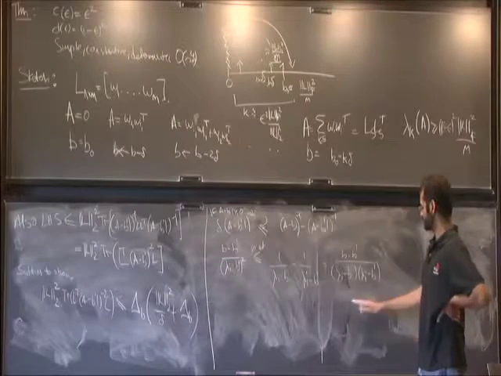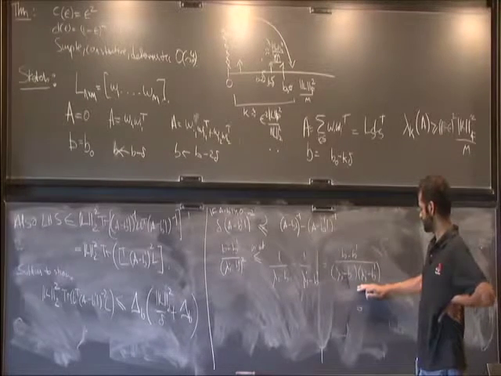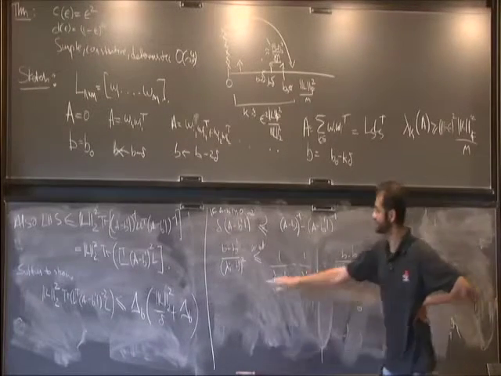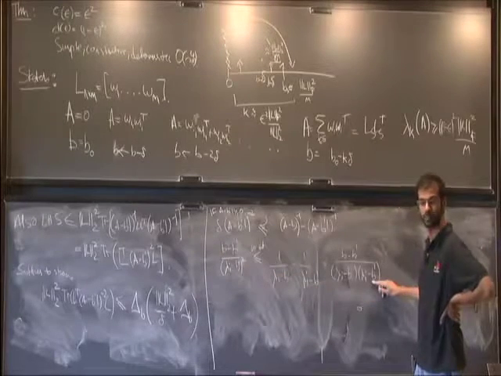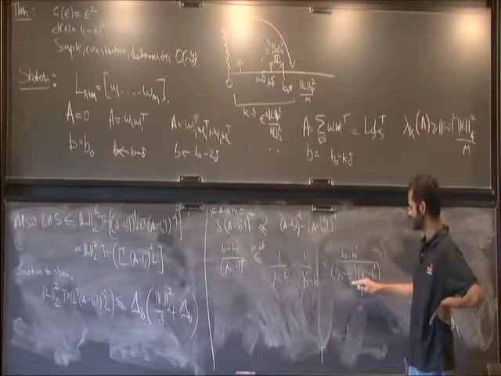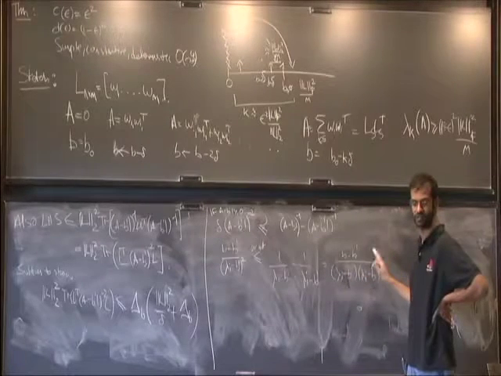If these numbers are positive, then changing a B prime to a B makes this number smaller, which makes this number bigger, so this whole thing is correct.